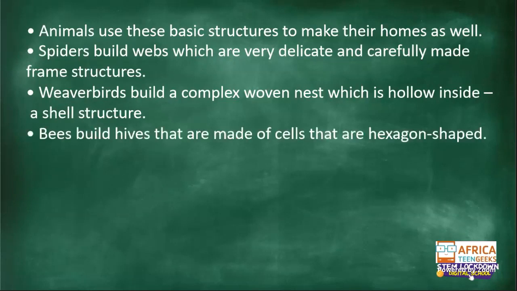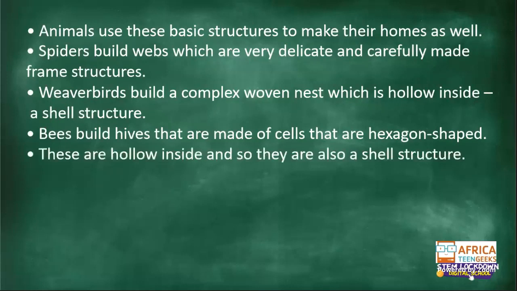Then we talked about bees the other day. Bees build hives that are made of cells, and those cells are hexagon shaped. So that will also be a shell structure because the cells are hollow inside and keep something safe inside.